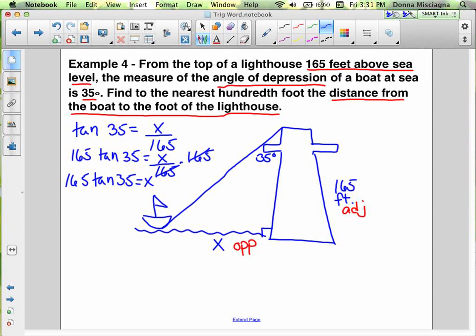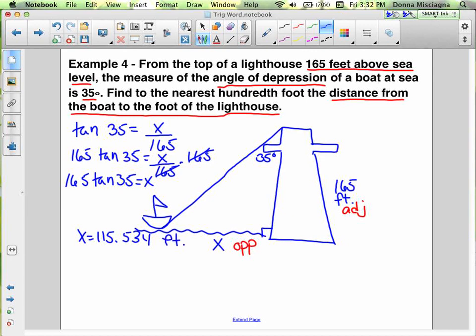All right, so I have 165 times tangent 35, and that's going to be 115.534. So x is 115.534. Don't forget your units because these are real world problems, and so that would be feet.